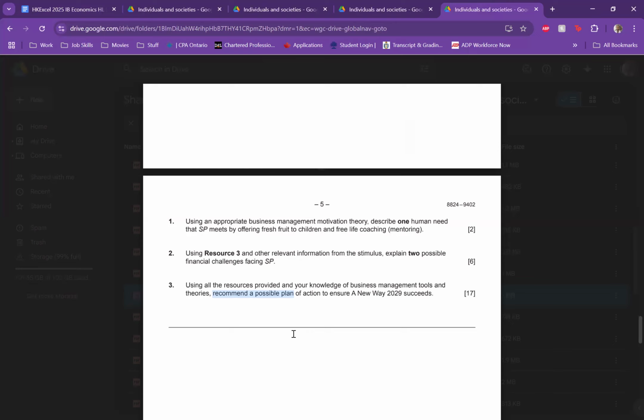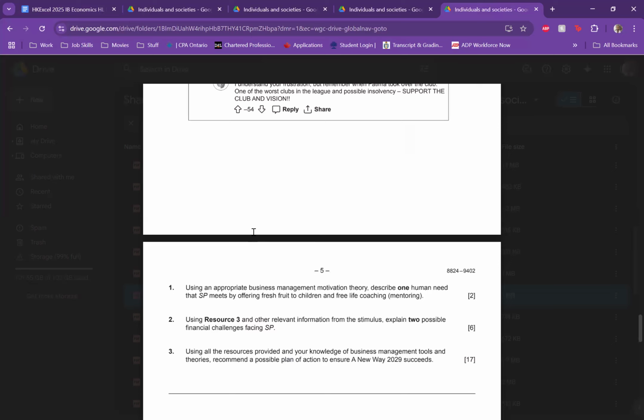So the whole purpose of this question is to actually put you in the role of a manager or CEO and get you to figure out how a business would make these decisions, how it would approach these obstacles or problems. Again, all the information you're going to need is in the case study. It's a matter of picking it out.